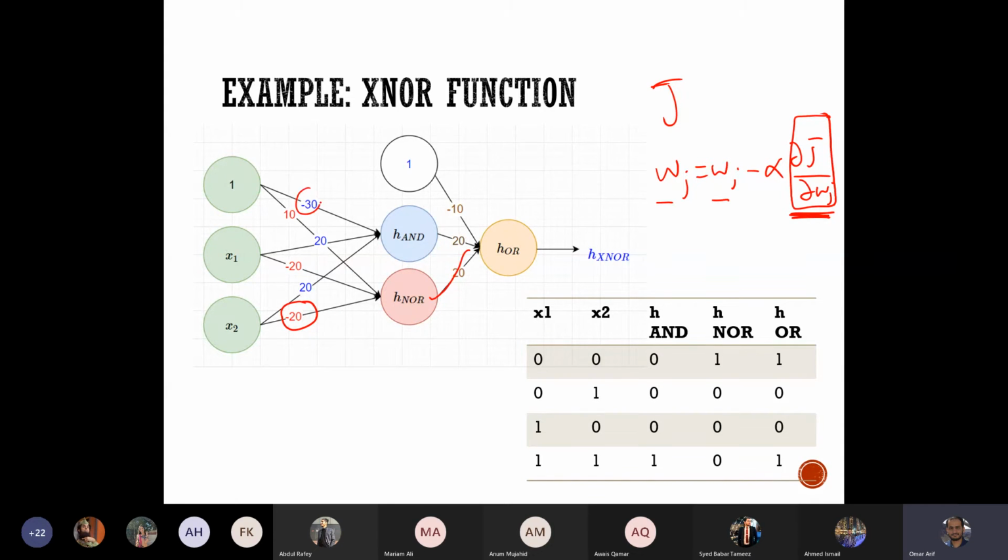And similarly, if you want to update this one, it will depend on this one. And in more complex architectures where you have multiple hidden layers, this dependence will be on multiple layers. So how do you compute gradient descent, or how do you compute these partial derivatives? That is what we're going to discuss next.